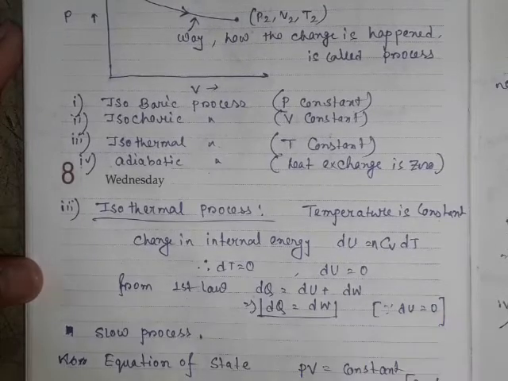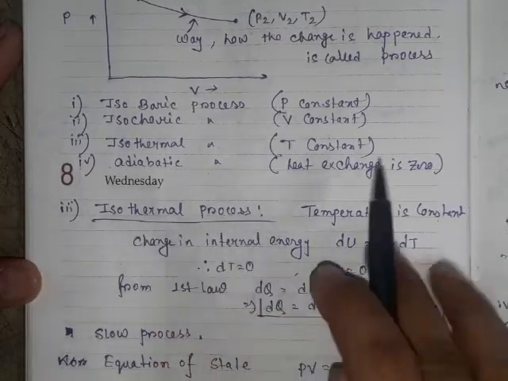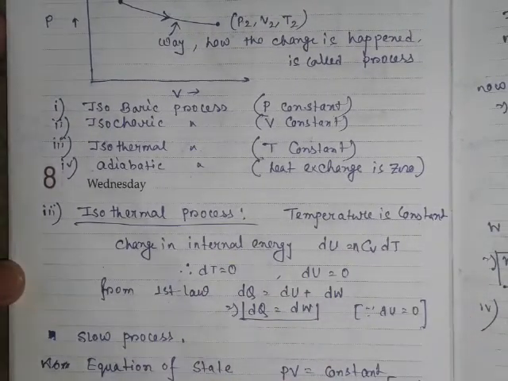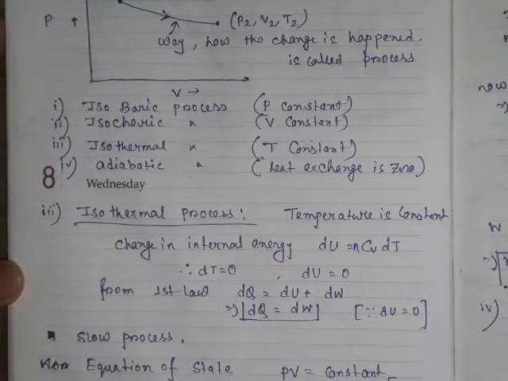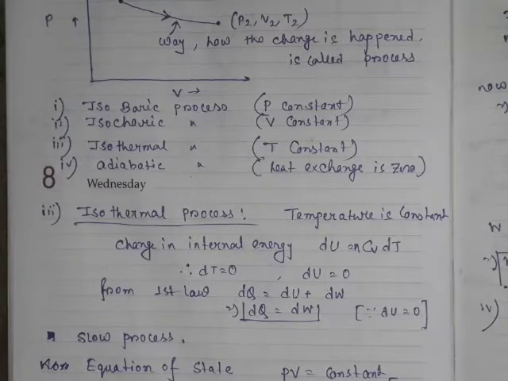As we know, the isothermal process, as the name suggests, means the temperature of the system must remain constant during the change. So during a process a system can change its pressure, volume or temperature, but for an isothermal process the system doesn't change its temperature, it only changes its pressure and volume.